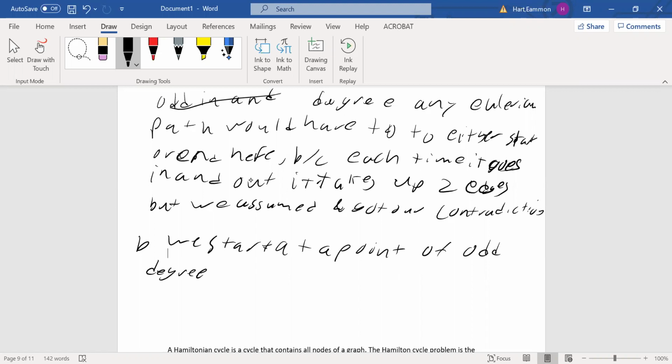Then we leave it, and it's down to even degree remaining. And then we just bounce around, and our graph is connected, so we can find a way to hit every single edge until we cycle through and then go into the last vertex.